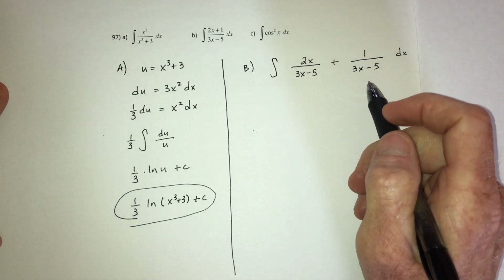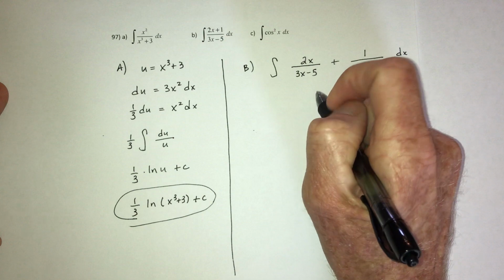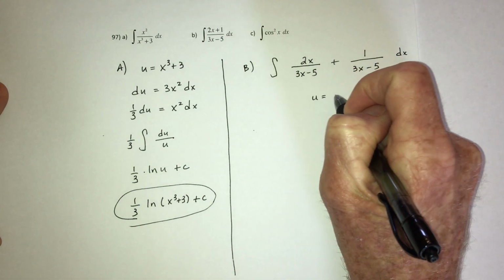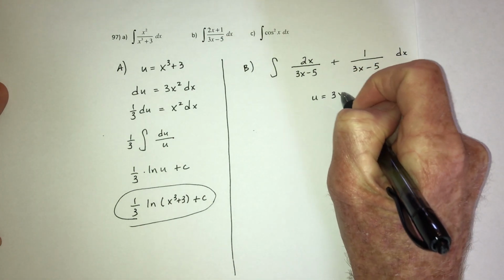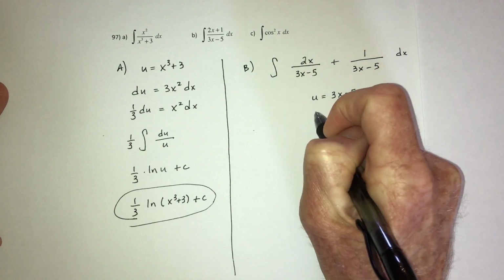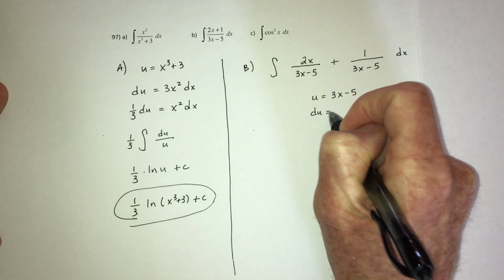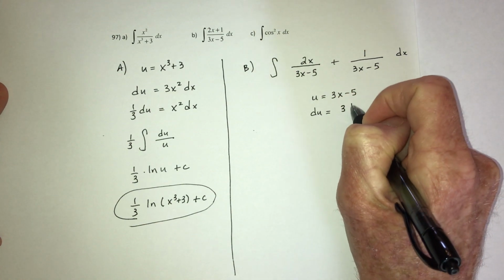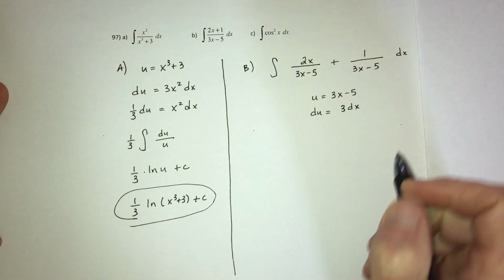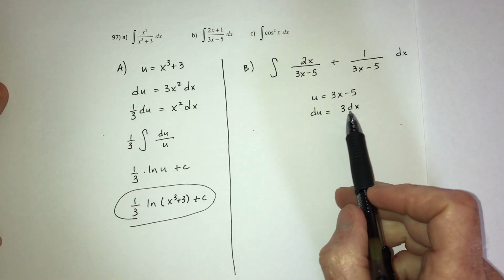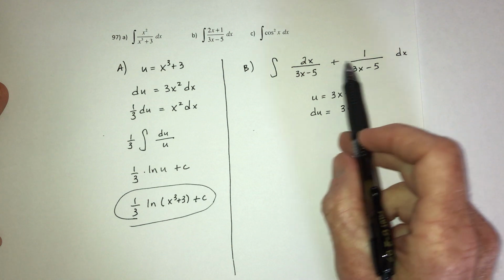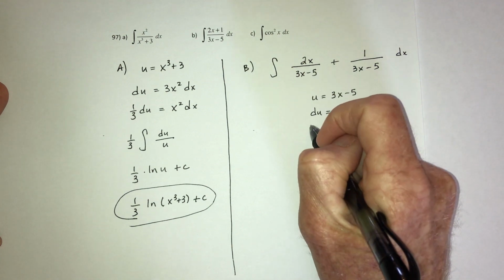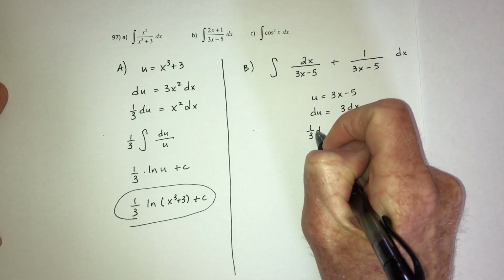So if you do u substitution, the u will equal the 3x minus 5 for the bottom part. The derivative of that is just going to be 3 dx. Now notice that neither of them have 3 in the numerator, so multiply both sides by 1/3.